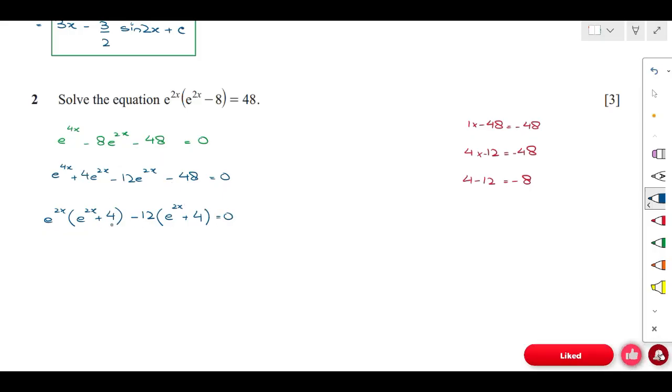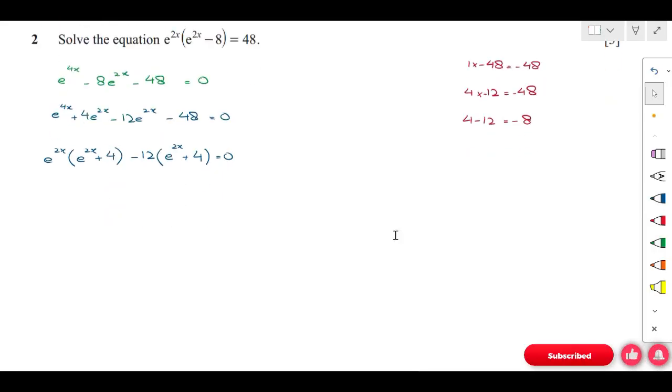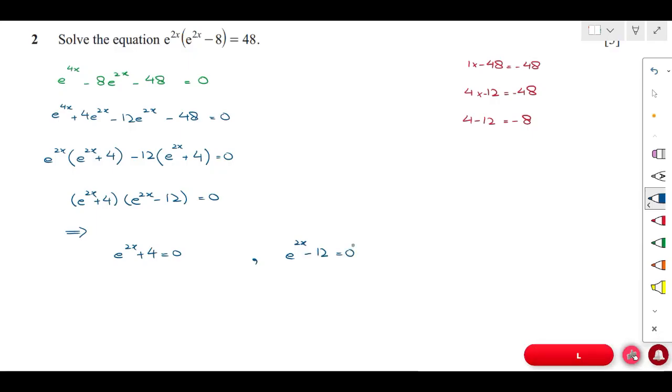So both the factors inside the brackets are the same. The two factors are (e to the power 2x plus 4) and (e to the power 2x minus 12) equals 0. Now let me put both factors separately equal to 0: e to the power 2x plus 4 equals 0, and the other factor e to the power 2x minus 12 equals 0.